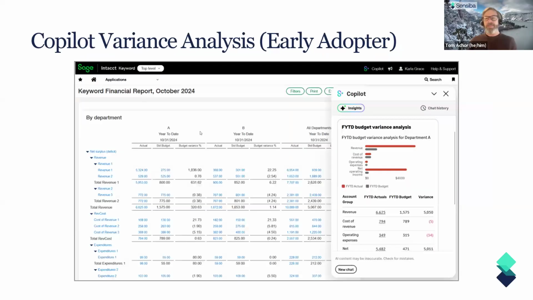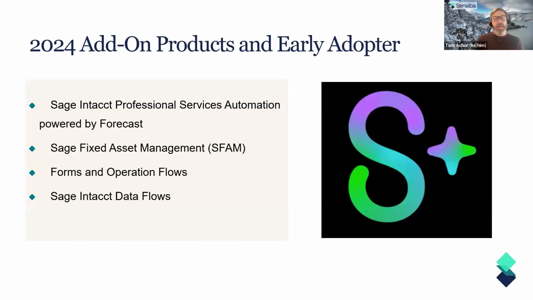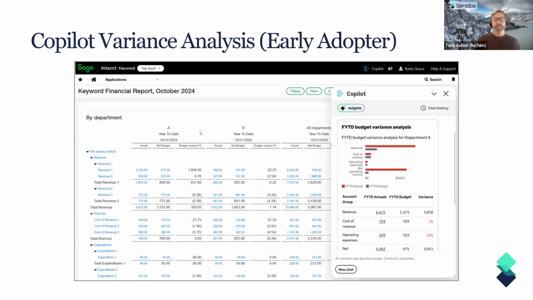And the big thing that Sage is talking about this most recent release is the early adopter of the Sage Copilot. So anytime, of course, you see a rainbow logo with a little sparkle, that means there's AI, right? So this is the Copilot that Sage is rolling out. There's a lot of aspects to Copilot to their plans.